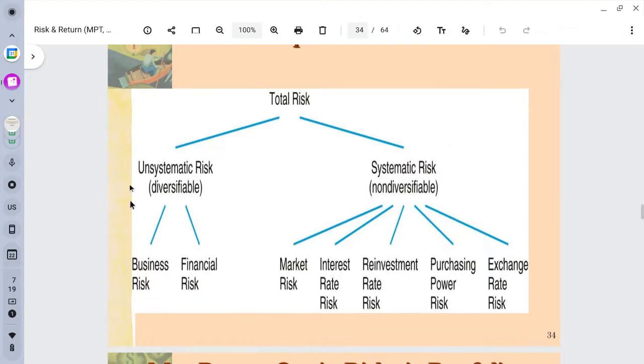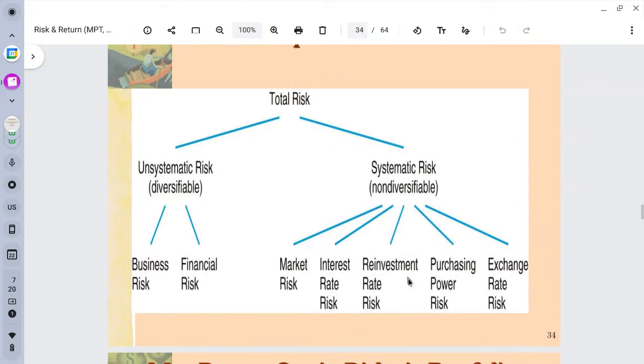And so systematic risk and unsystematic risk. Basically systematic comes from the economic system.